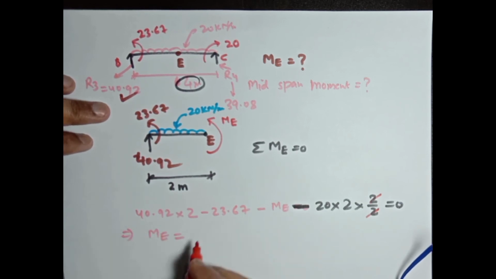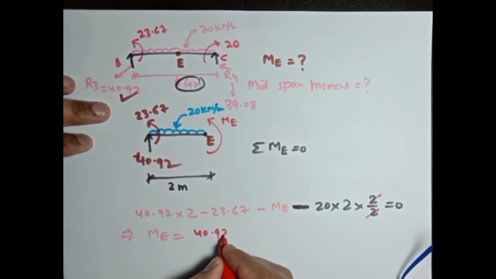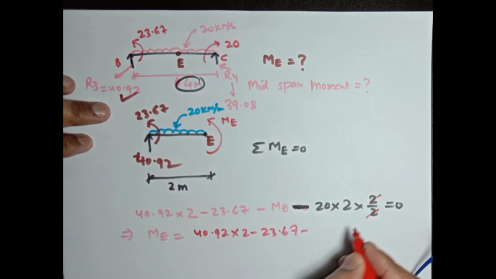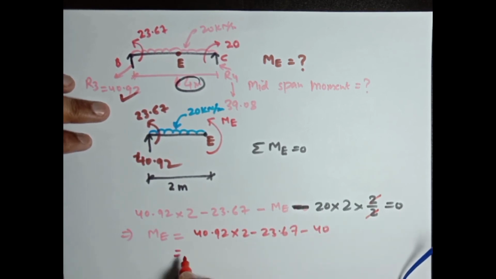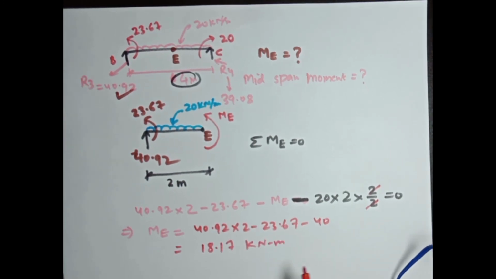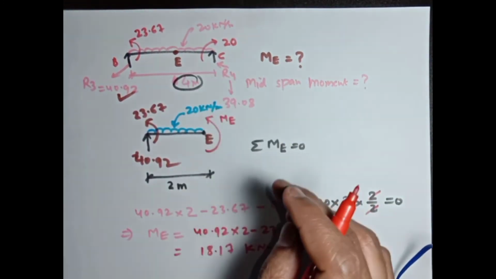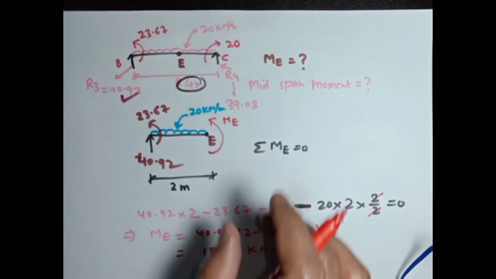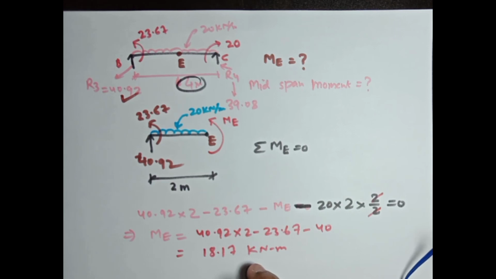So ME will be 40.92 times 2 minus 23.67 minus 40. This value will be minus 18.17 kilonewton meter. The mid-span moment of this beam BC will be 18.17.